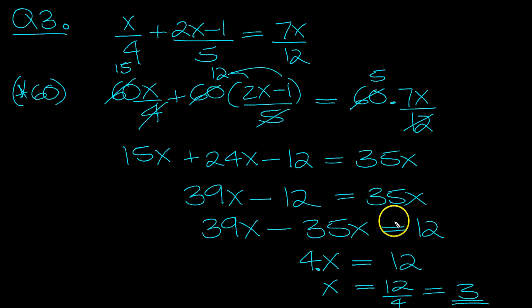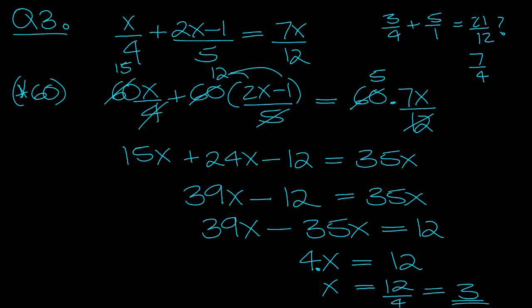So let's just check if that's correct then. We could tap it in the calculator because we're saying that 3 lots of 3 quarters plus 3 in here, 6 minus 1 is 5, so 5 over 5 is 1. And then 3 in here, 7 3s are 21 over 12. 21 over 12, is that correct? Well, if you divide this fraction by 3 top and bottom, you get 7 over 4, don't you?